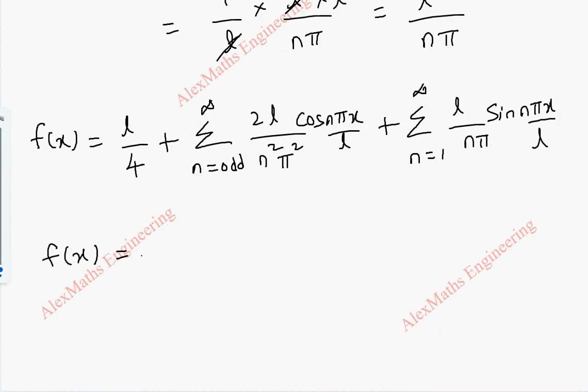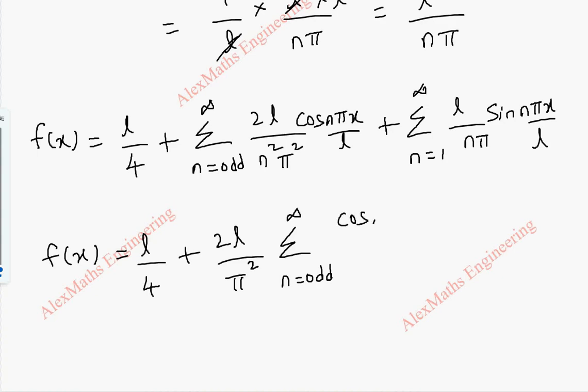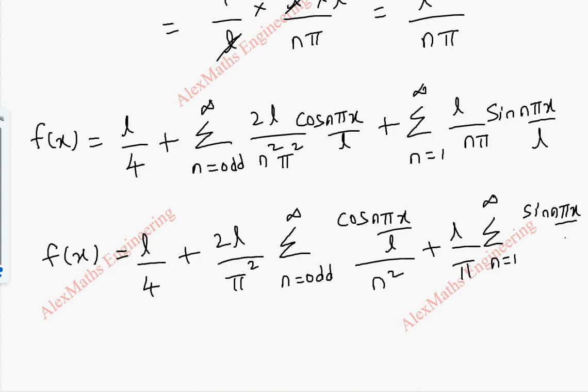So f of x is L by 4. Here we can take 2L by pi square outside the summation, because the summation is applicable for the n term. So summation when n is odd till infinity, we have cos n pi x by L by n square, and here it is L by pi common, summation n equal to 1 to infinity sin n pi x by L by n.